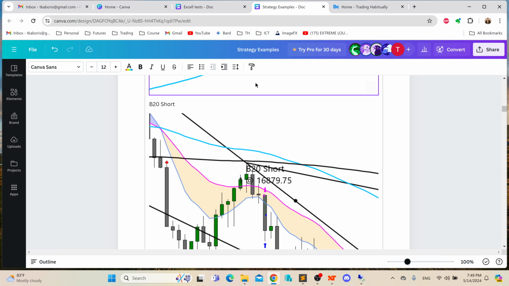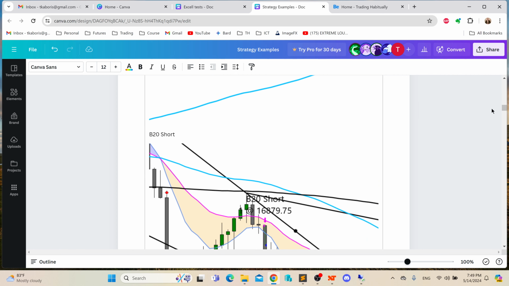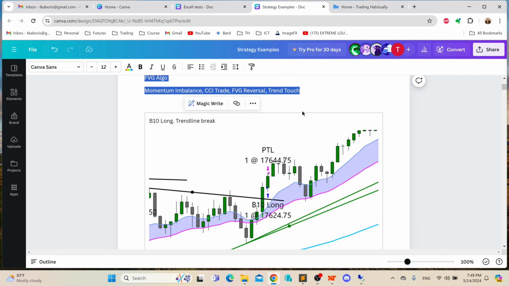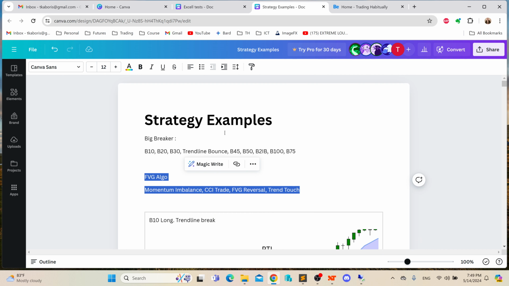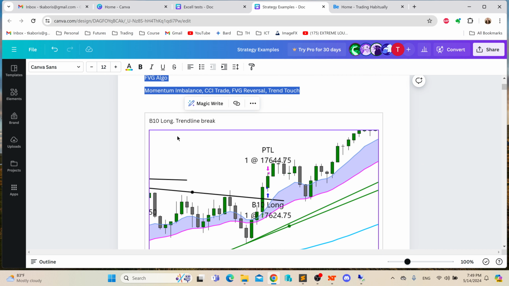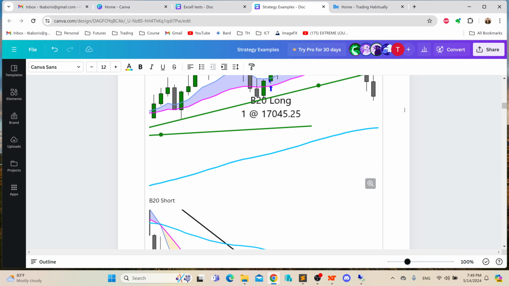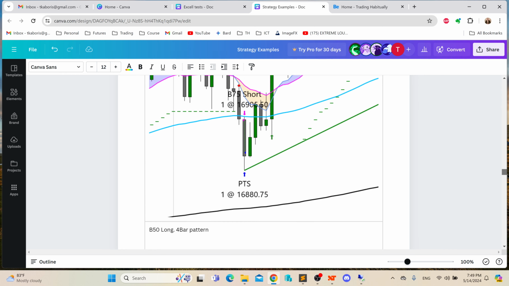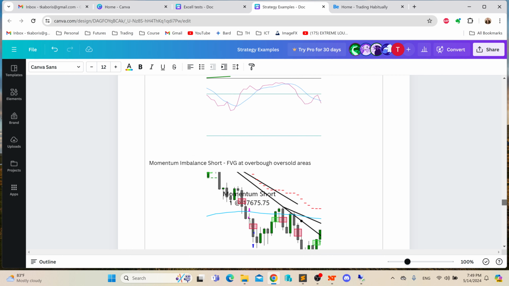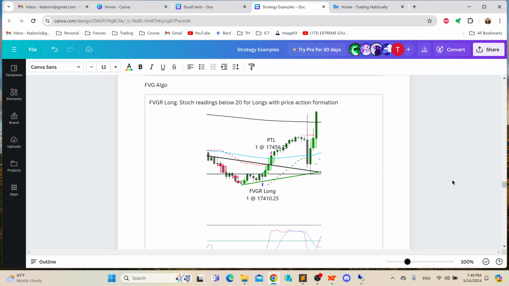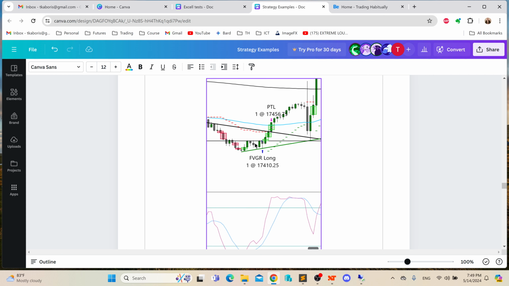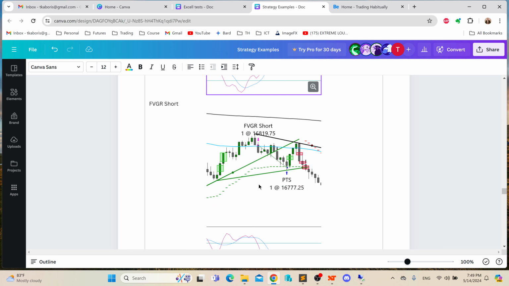If we go to the strategy examples, I will leave this link. You will see that the FVG would be on the bottom. So FVG reversal would be a reversal, but the stochastic reading has to be below 20, and there is a certain price action here.